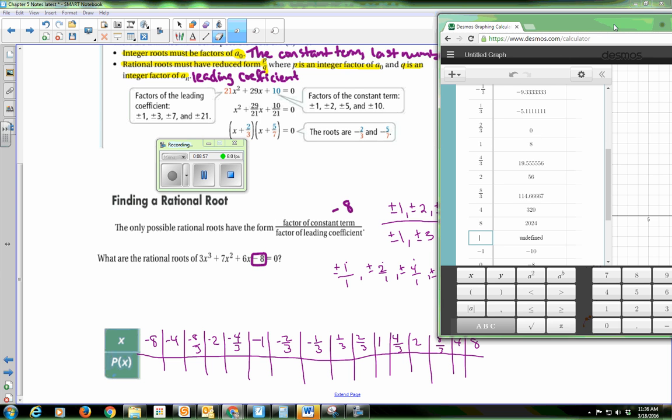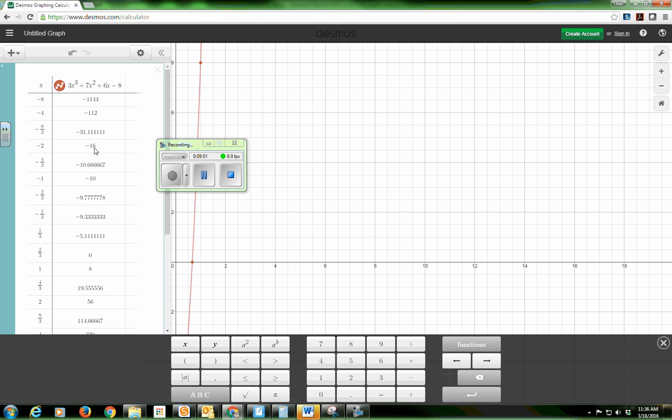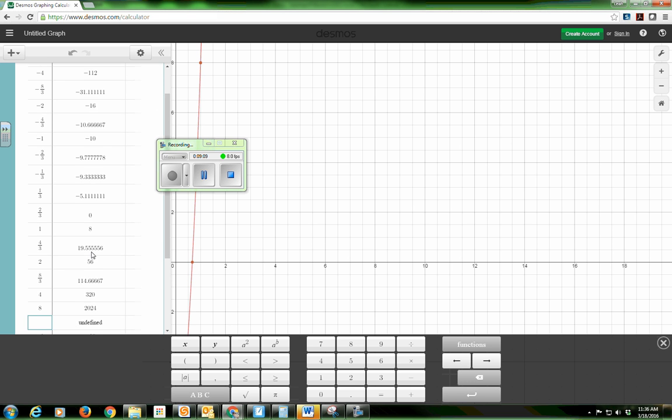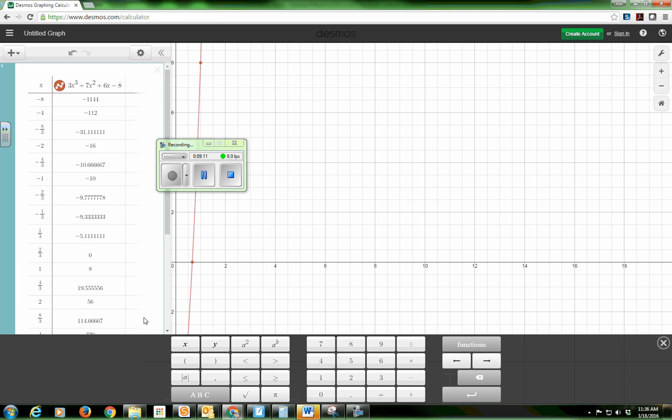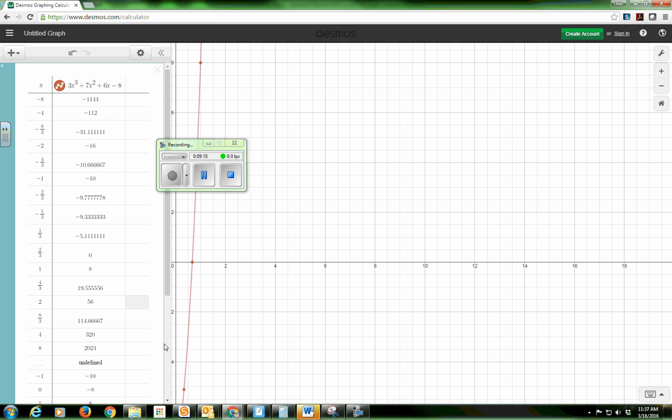So then we look at our table and we find the ones that are zeros. Oh, it's here. It's at 2/3. So let's go ahead and snip this as our evidence.